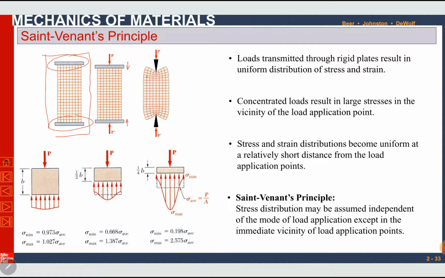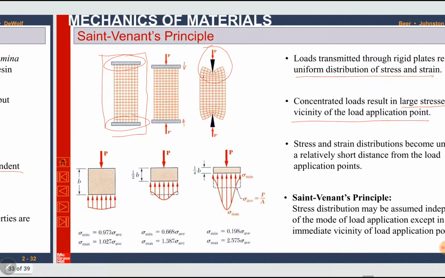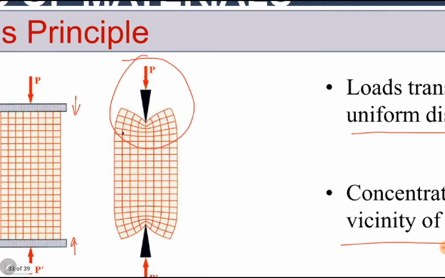The loads transmitted through rigid plates result in uniform distribution of stress and strain. But if a concentrated force is applied like this one without a rigid plate, there will be large stresses in the vicinity of the load application point. At the load application point, there is a large strain, large deformation, and then it slowly dies out up to the edges. So in the load vicinity, there is stress concentration.